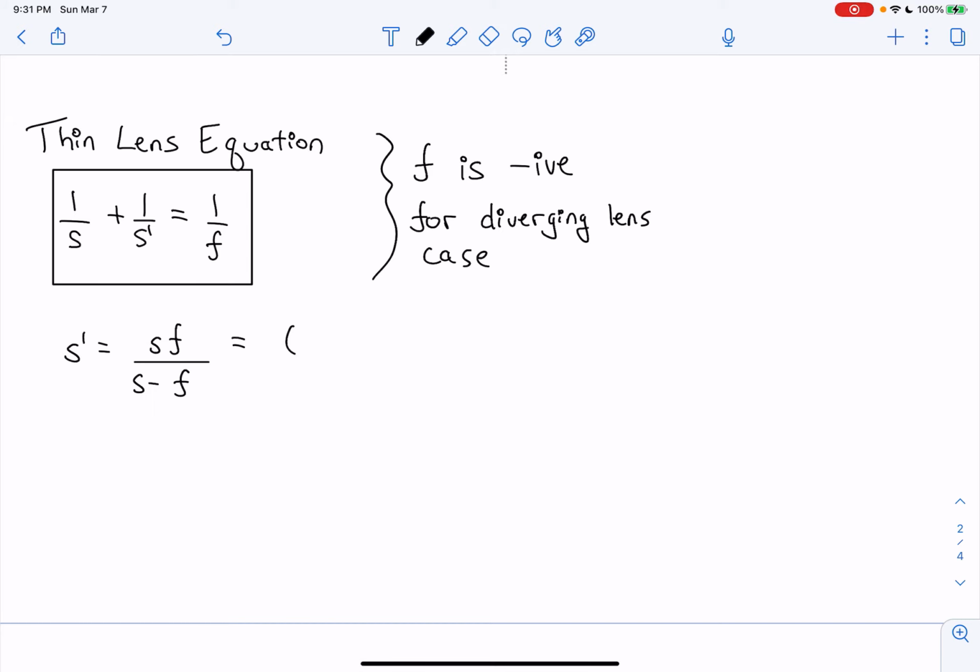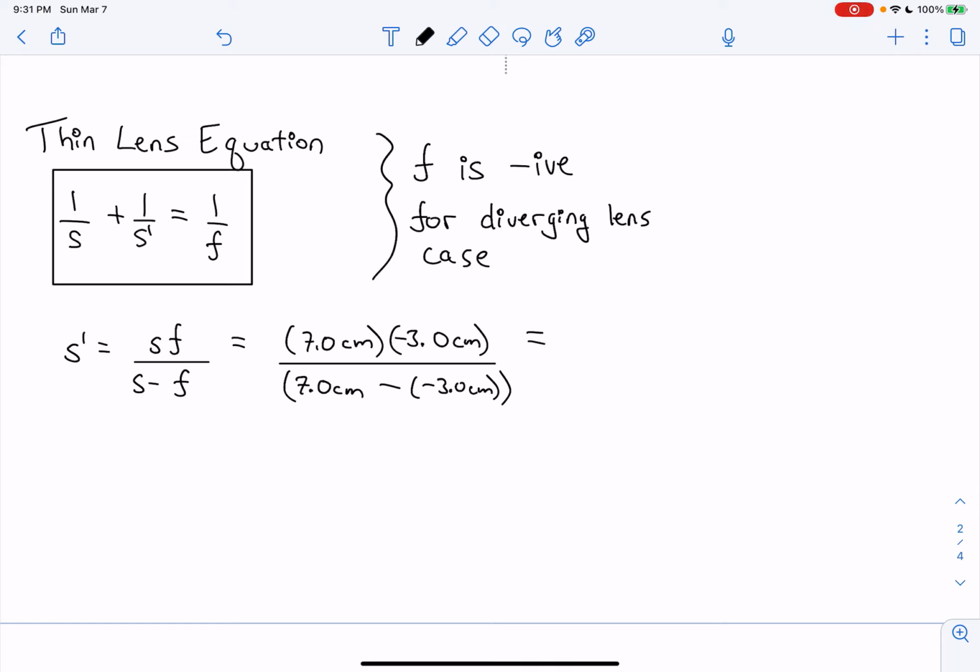So we have an s of 7 centimeters, a focal length of 3 centimeters, but it's negative 3 centimeters, and then we have, don't forget, 7 centimeters minus, and I don't want to forget, so I'm going to put it in brackets again, minus 3. Just to be really clear about that minus sign. Otherwise, you get into trouble.